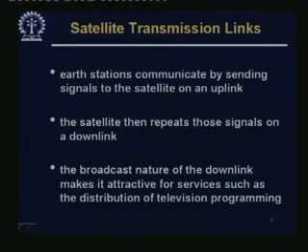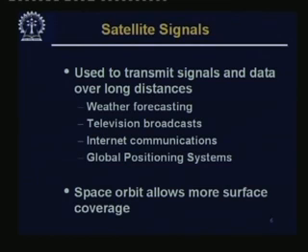So, when the satellite is beaming it back, the signal reaches a very wide geographical area, and all the receivers around can receive this signal and then amplify it and use it. So, it is very popular for such applications like distribution of television programming. There are other applications, we will talk about them.